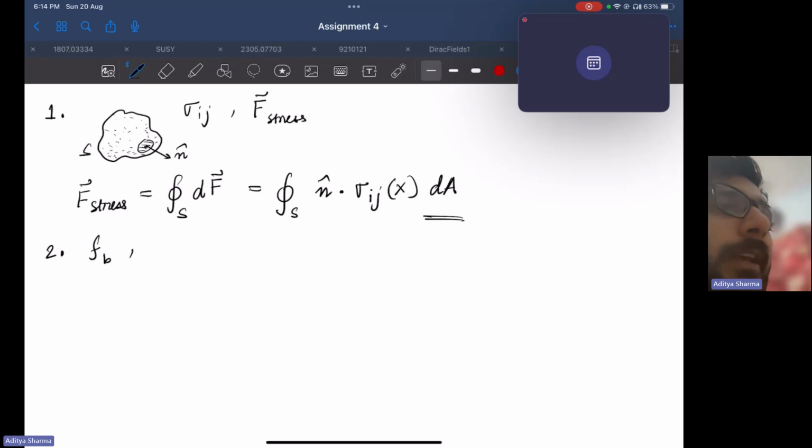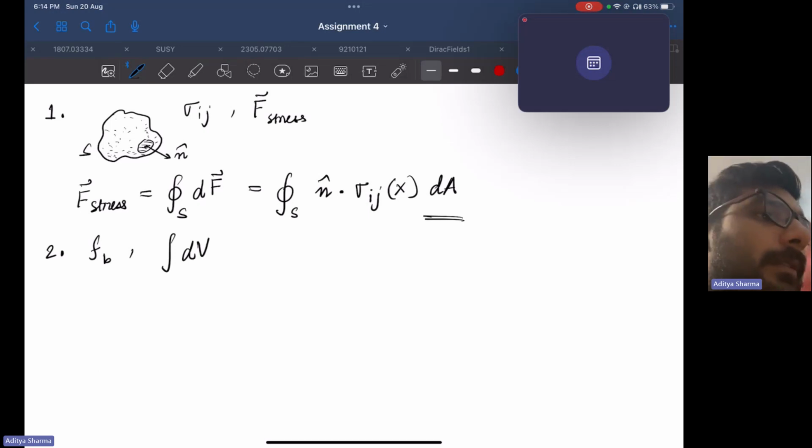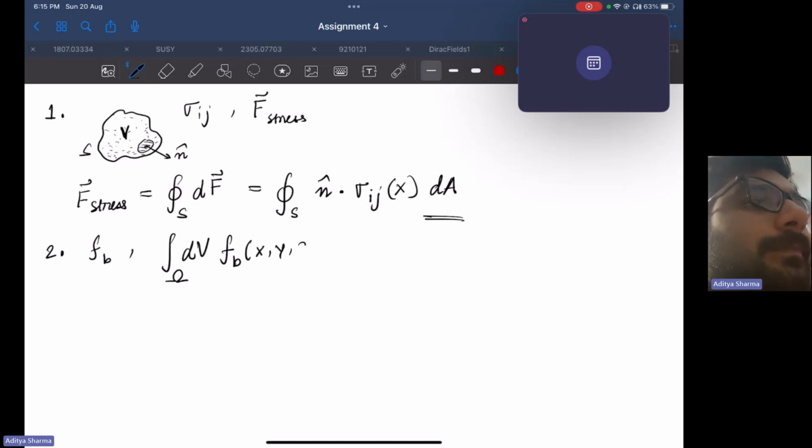That is the question. It is just the integral over dV, where V is the volume enclosed by the surface, of F_B, and this depends on your position.